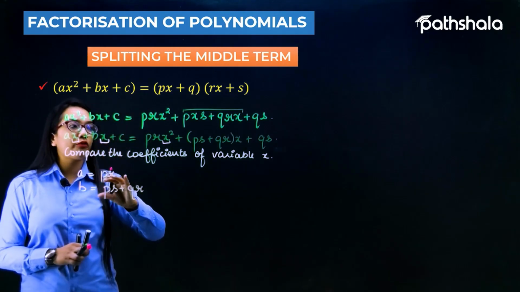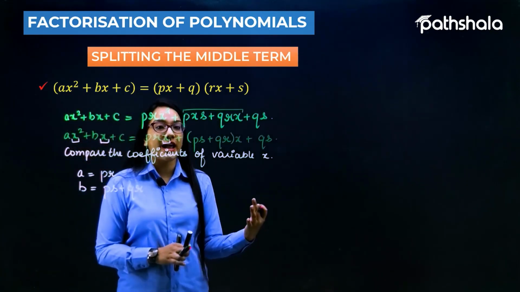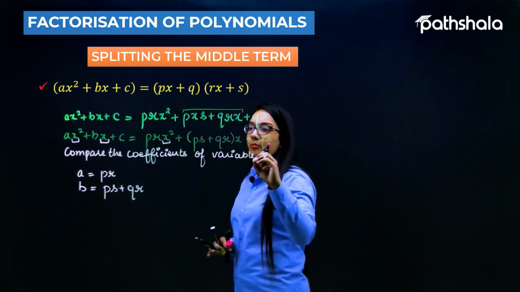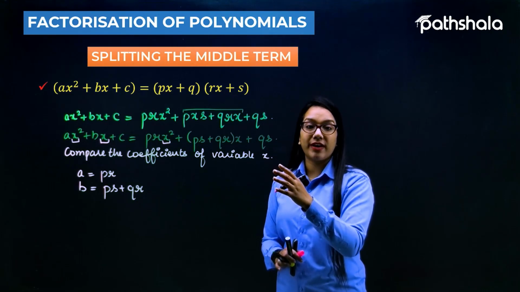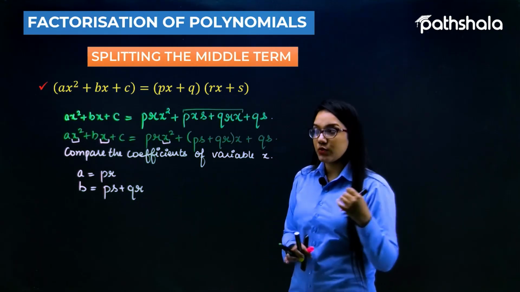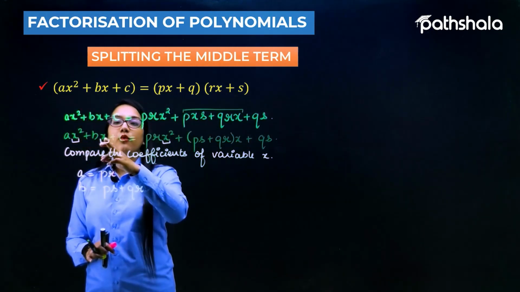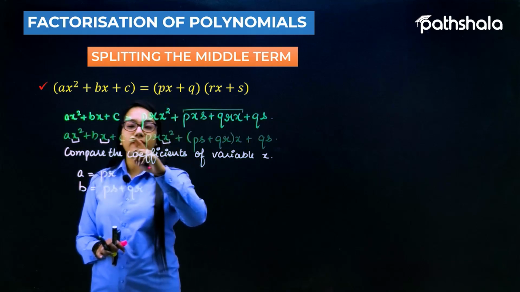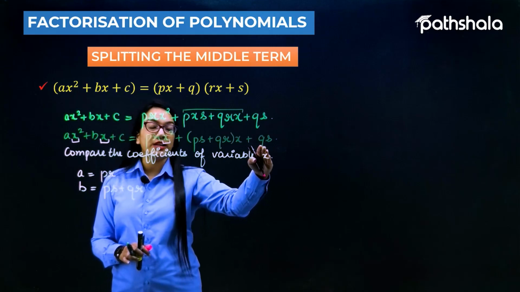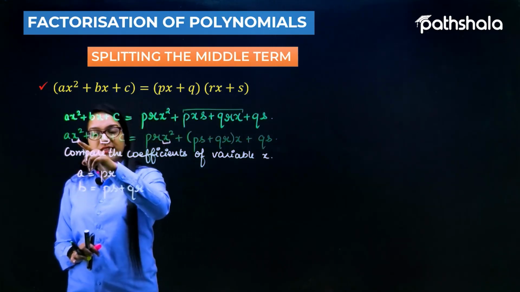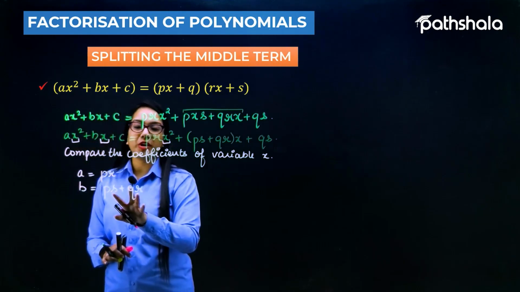So we are comparing the coefficients of x square, the coefficients of x, and even the constants as well, on both sides. The x square coefficient: a is equal to pr. The x coefficient: b is equal to ps plus qr.